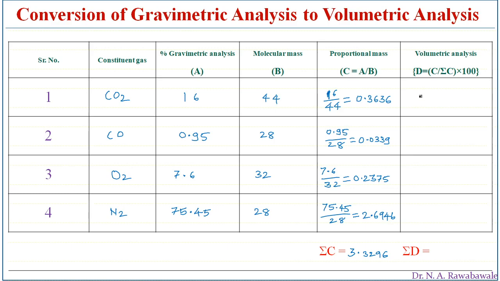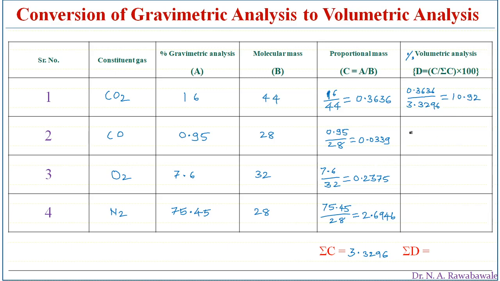So the conversion to volumetric analysis is again in percentage. D is equal to C divided by summation of C. The C value is 0.3636, the summation of C is 3.3296. So this works out as 10.92%.